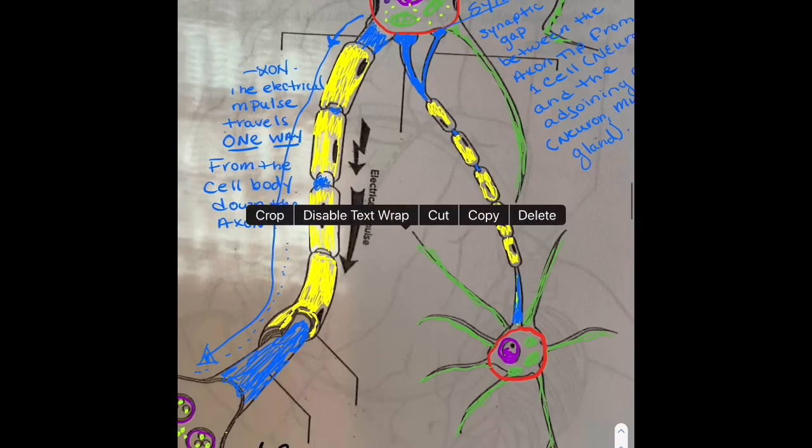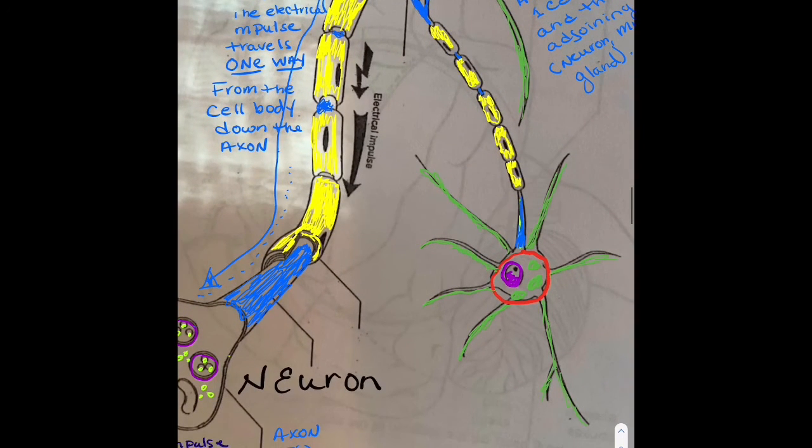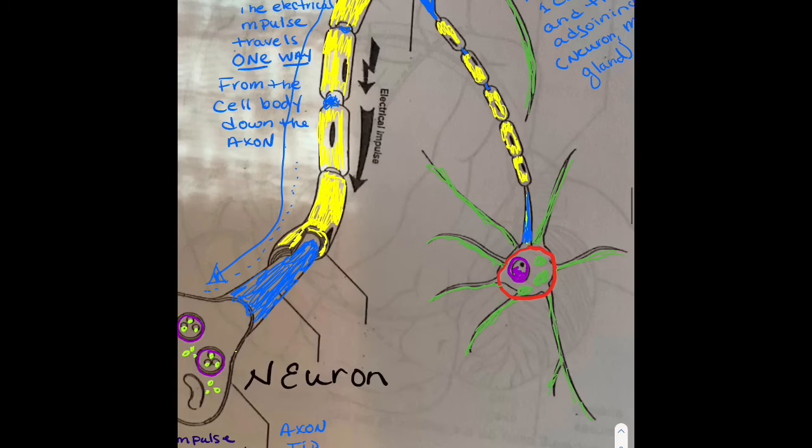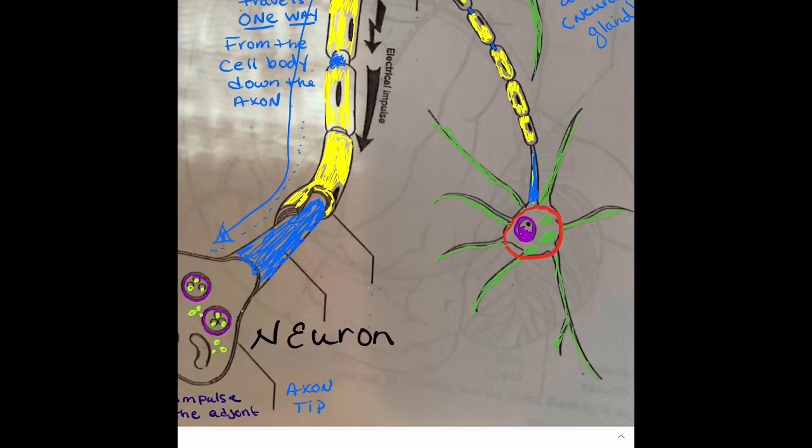So this is myelin. So let me write that here. Okay, so this is myelin. This is called a myelin sheath, not a sheet. Sorry, guys. So this is a myelin sheath.